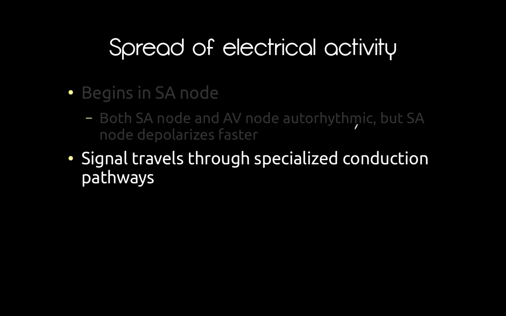And so these act in the same way that neurons do, in that they pick up and carry this electrical activity through the heart, transmit these action potentials, and help coordinate the contraction of all the cardiac muscle together at the same time.